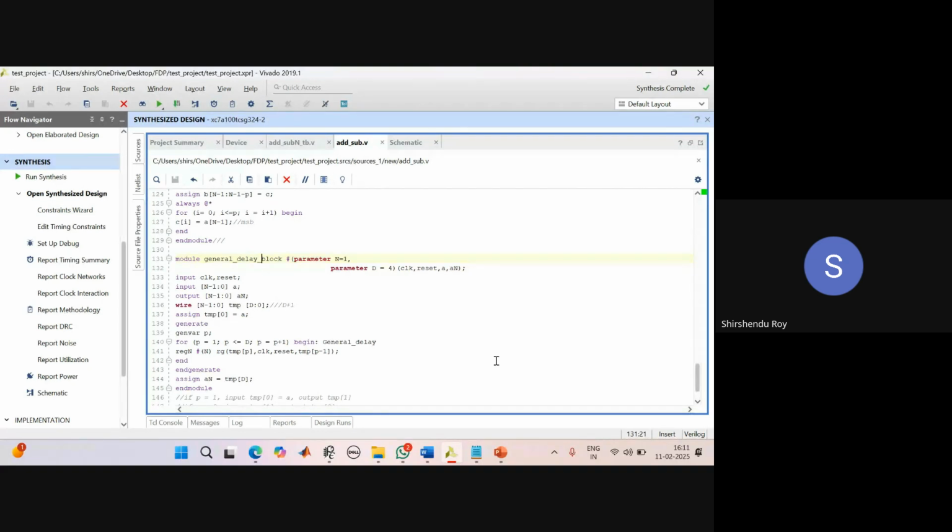Next day we'll start from the beginning and connect the blocks one by one, try to achieve one architecture, and then give input vectors and simulate it, and try to implement it. We'll try to find the performance and area, the main things we have to observe in an FPGA implementation.